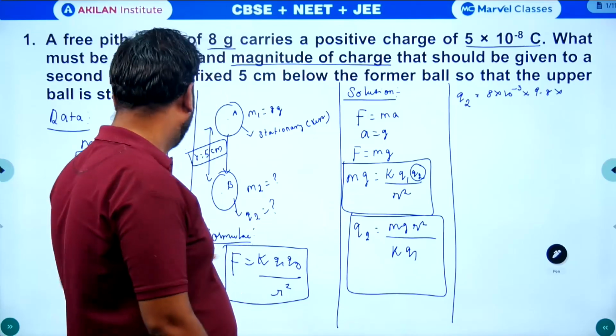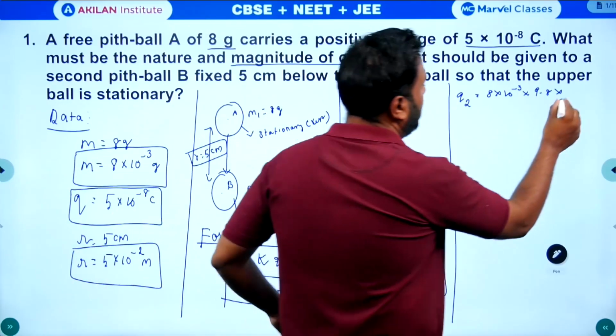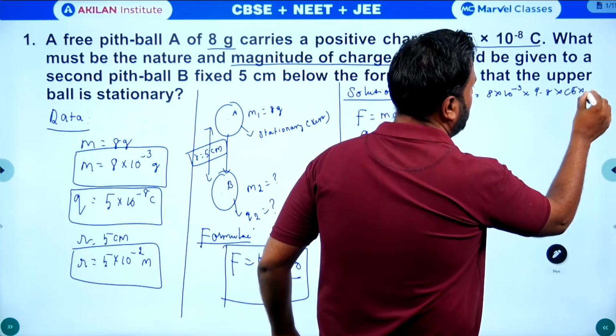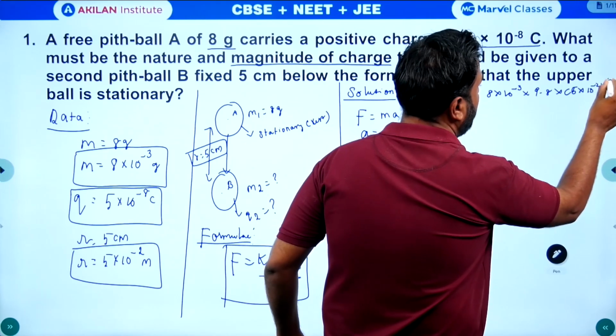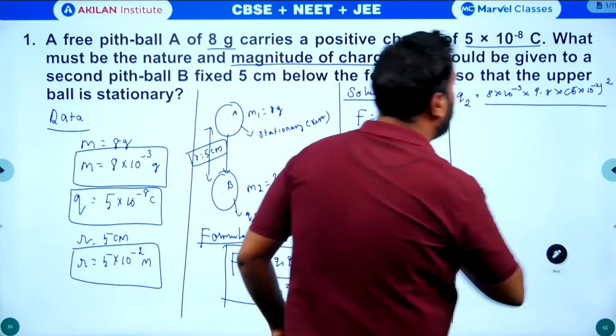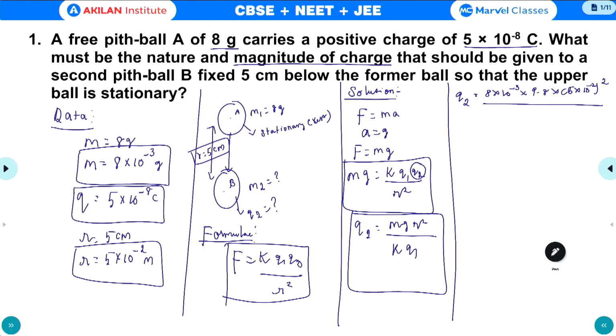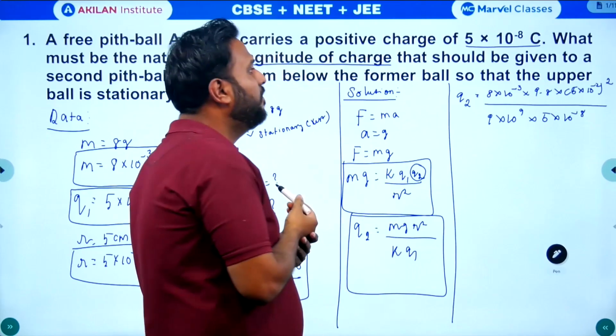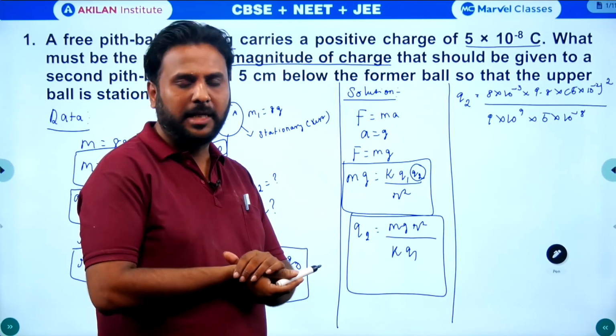Distance R they gave us is 5 into 10 to the power minus 2, the whole square, divided by K value, 9 into 10 to the power 9 constant. What is Q1 they gave? Q1, that is the first charge, 5 into 10 to the power of minus 8. So everything is written.